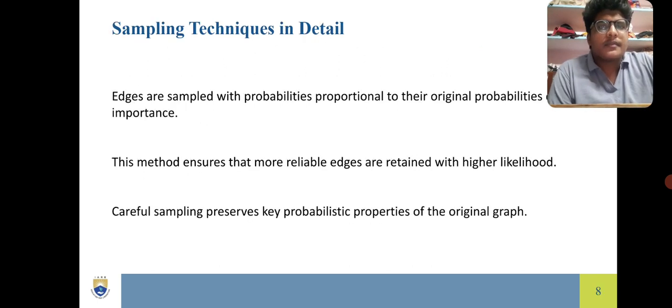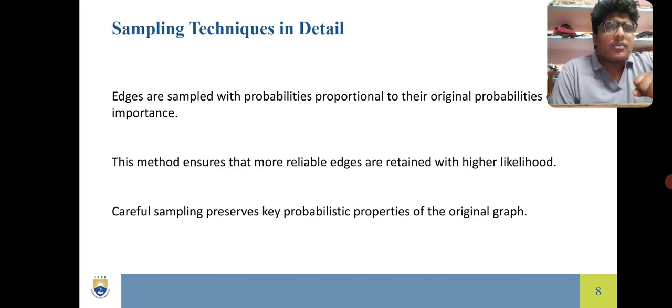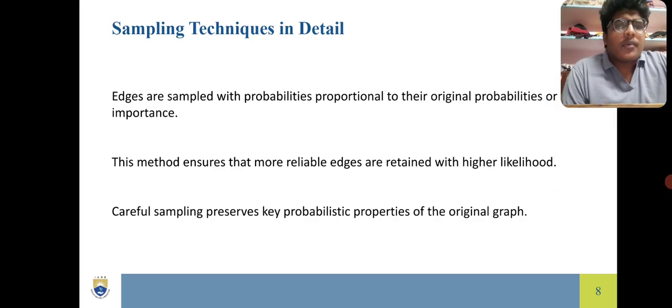Next, sampling techniques in detail. In sampling techniques, edges are sampled with probabilities proportional to their original importance probabilities. This method ensures that more reliable edges are retained with higher likelihood.